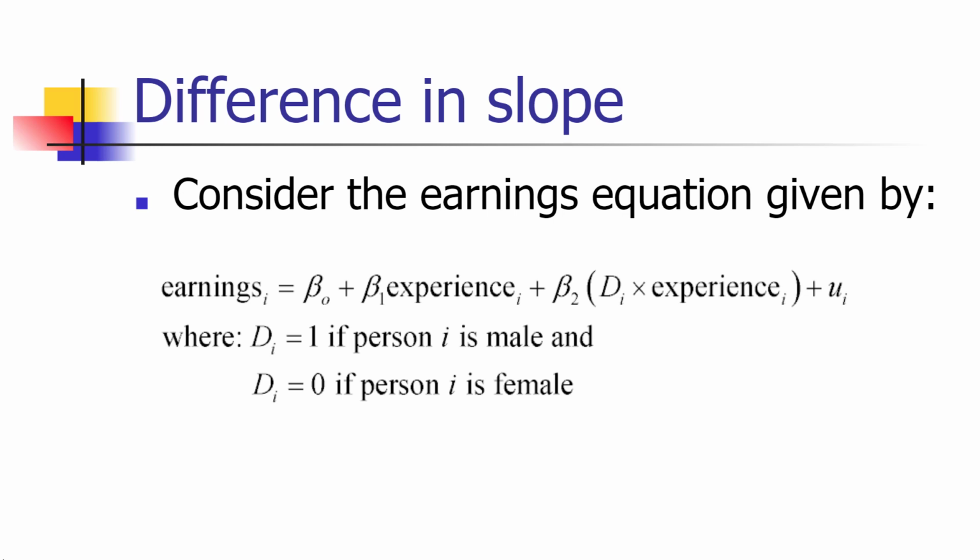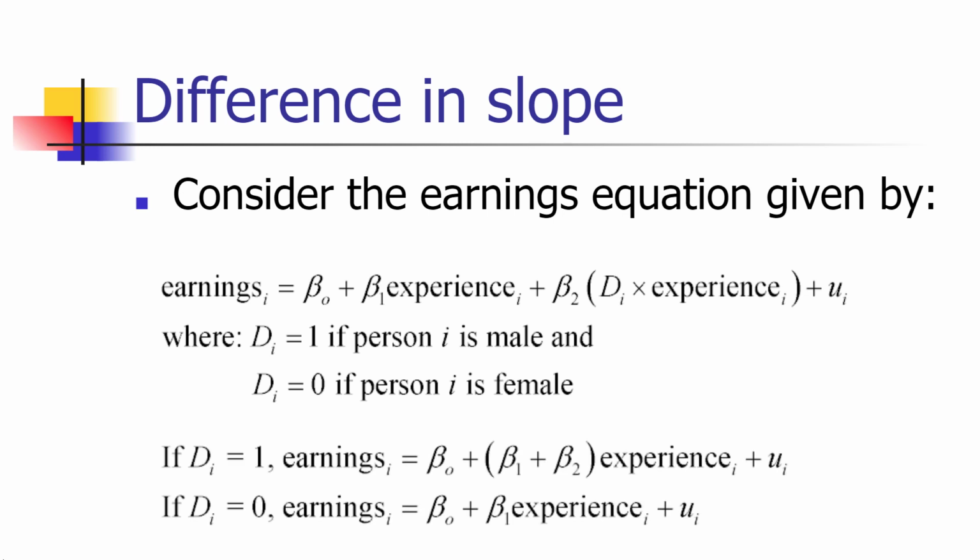And just by writing it out for both males and females, what we would get is for individuals that are male, the earnings equation would have an intercept of beta 0 and a slope of beta 1 plus beta 2. If the individual is female, the earnings equation would be beta 0 plus beta 1 times experience. So in this case, beta 2 would tell us how the slope changes in the case of females versus males.